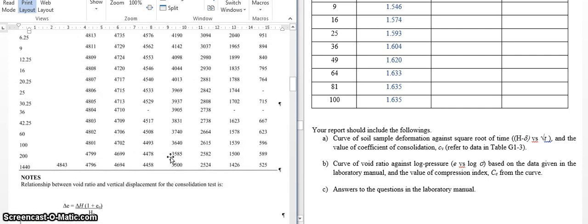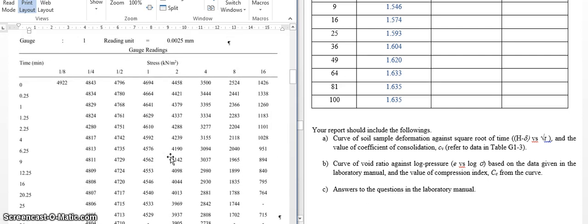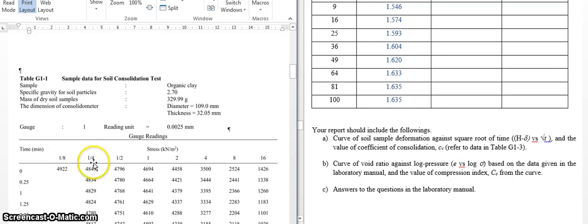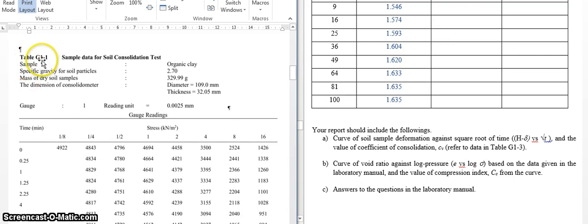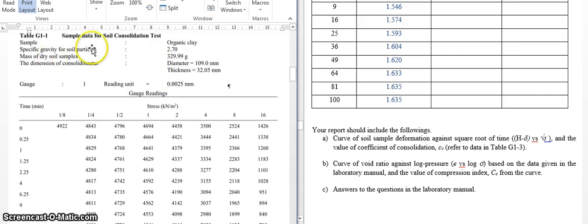If you refer to your manual, we give you Table G1-1, sample data for consolidation test. You are given the Gs, specific gravity, the dry mass of the soil, the new diameter, the new thickness of the test soil sample, and the gauge reading factor, which is now 0.0025 millimeter. So you get the readings.